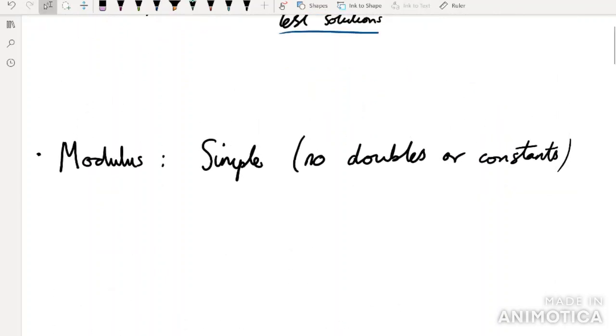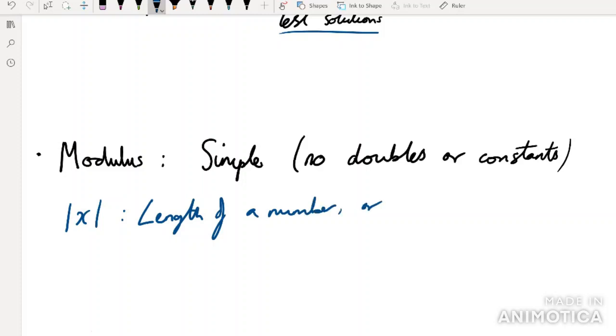So the first thing I want to cover is simple modulus questions. First of all, what is a modulus? It's useful to just think of it as the length of a number, or distance from zero. Now, that on its own isn't necessarily going to allow you to answer questions, but it's useful to keep in the back of your mind.